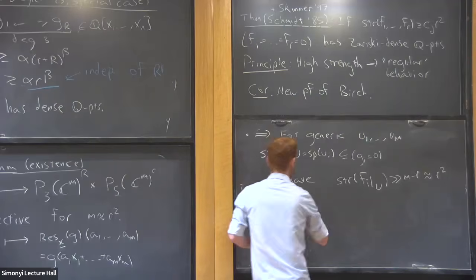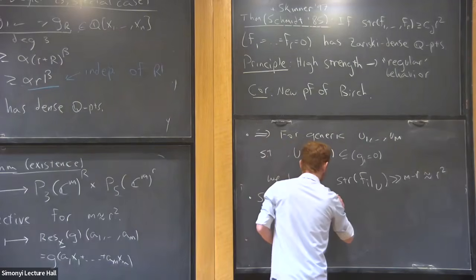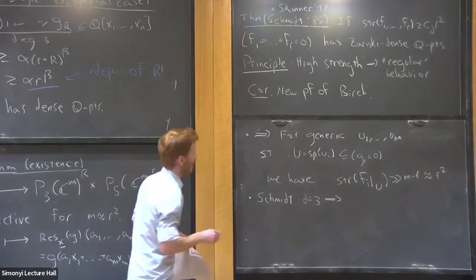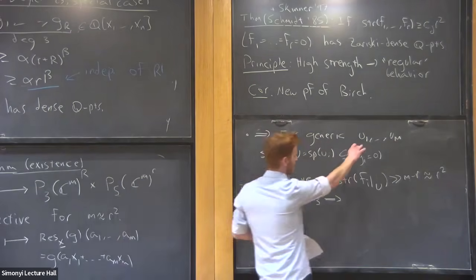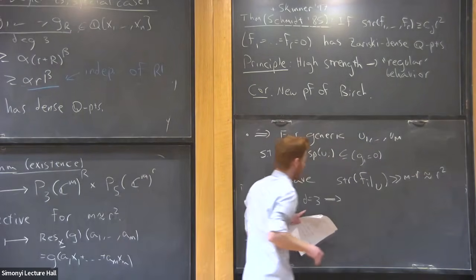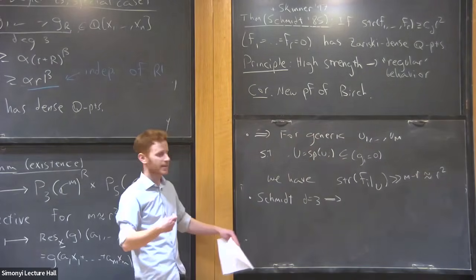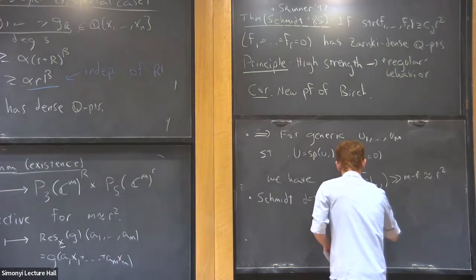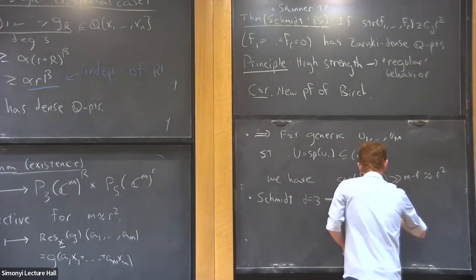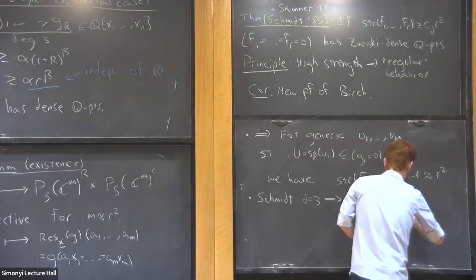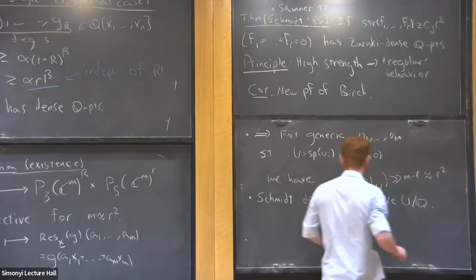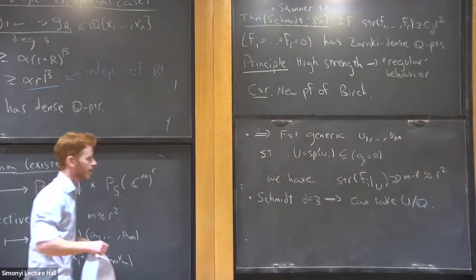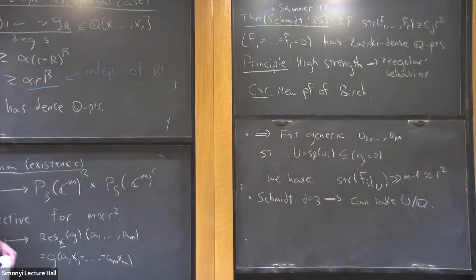First we're going to apply Schmidt in degree 3 to get that if this happens in a dense open set, then we can actually find a rational point in that dense open set. So you can take the subspace U to be rational. Okay, so now we've used Schmidt once.